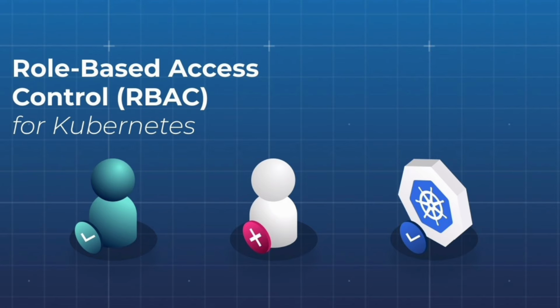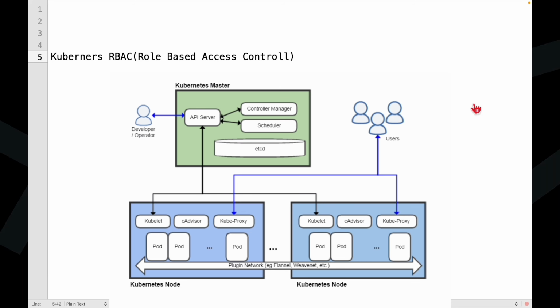So let me try to explain. As I already said in the previous sessions on the Kubernetes architecture, whenever we communicate with the Kubernetes cluster for creating, updating, or deleting resources, the first request goes to the API server.